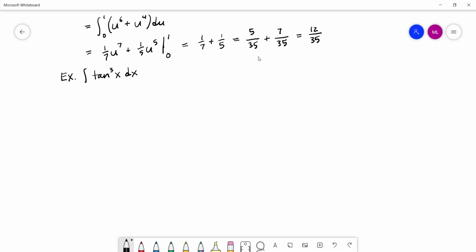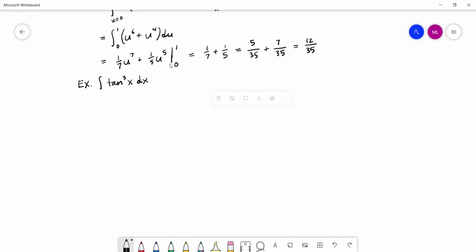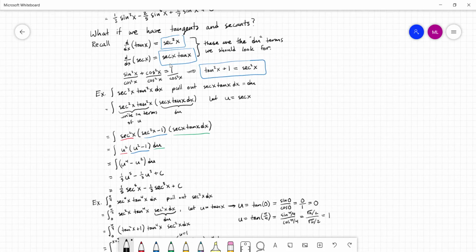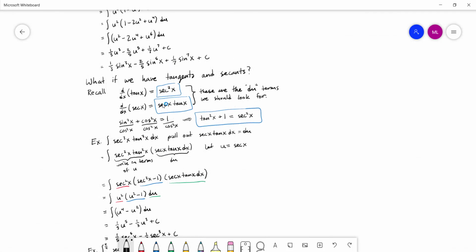Well, going way back up here, neither of these du's are possible to pull out because there is no secant that shows up anywhere. So this approach isn't going to work for this problem, right? There are no secants in tangent cubed, so I don't have either of these du's.